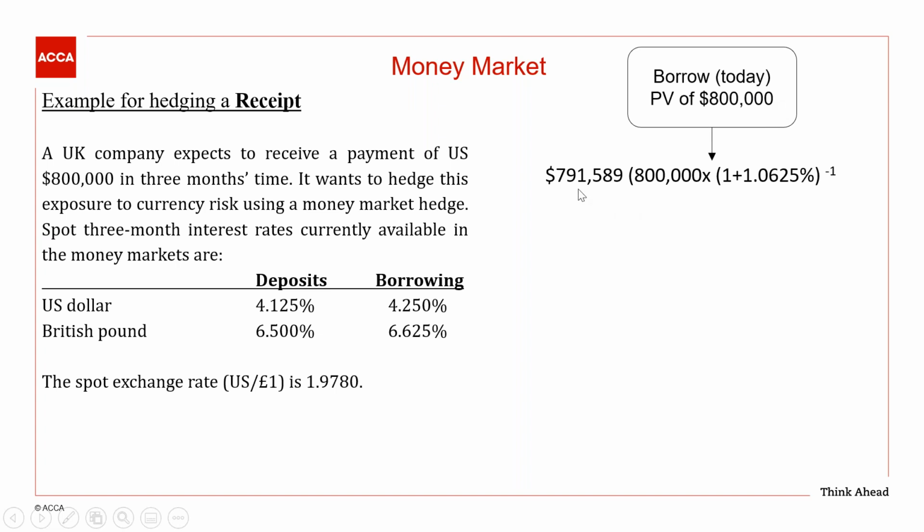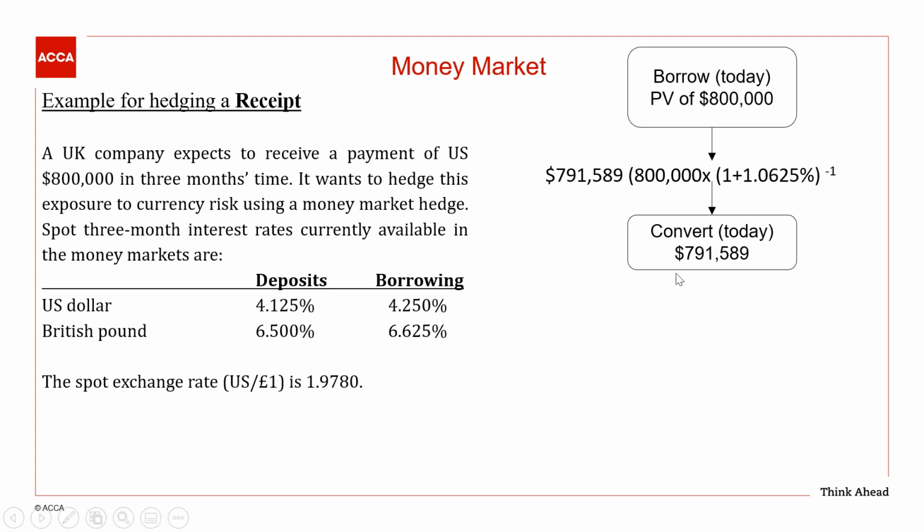Now what we will be doing with these, well, this amount will be converted today because we have borrowed it today. This 791,589 will be converted today into pound sterling, that is the local currency, using this rate. We will sell these dollars so that we get our local currency back, and the rate will be the spot rate, the rate that is prevailing today.